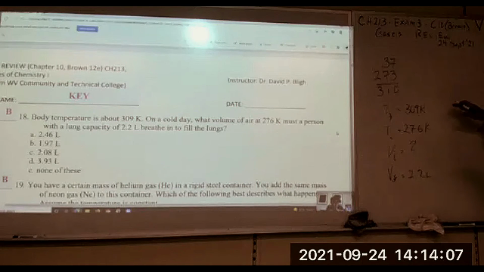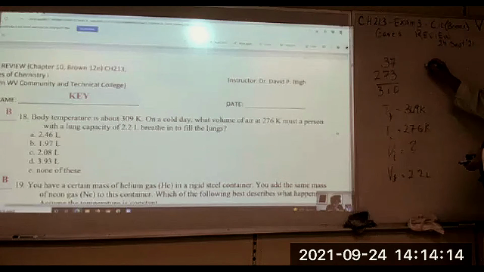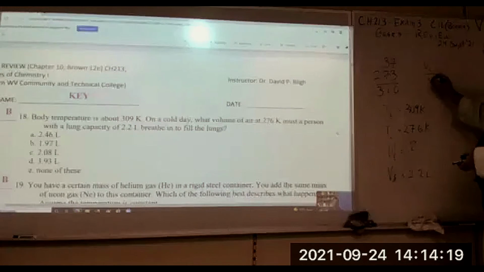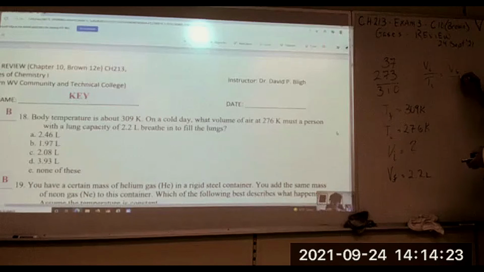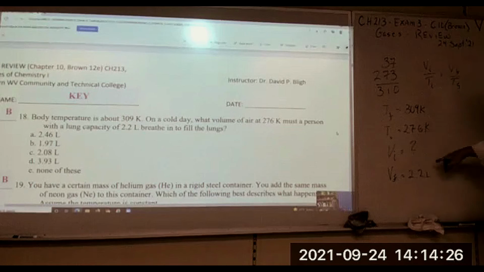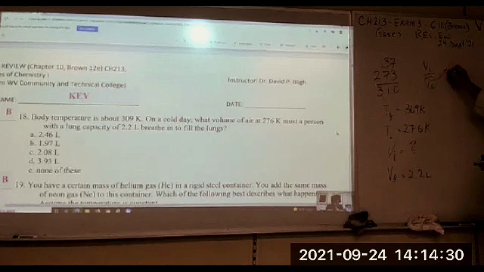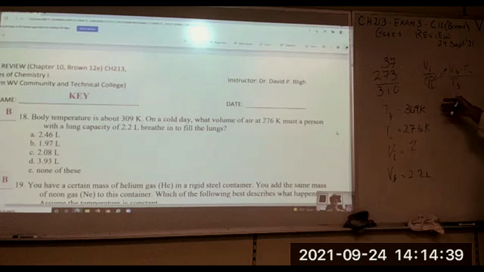So now, when you look at it that way, it's just Charles' law. Right? If we solve for this one here, we'll just take this one and put it over there. So this becomes that. Then you can plug in your numbers. Temperature is already converted for you.